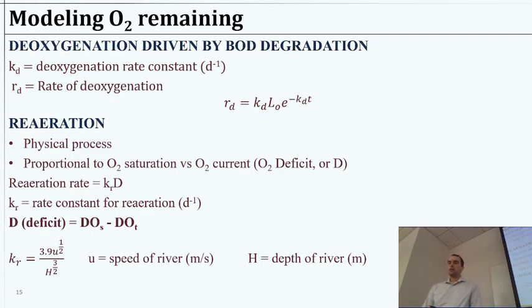Now, we can have an overall rate of deoxygenation, RD, and that's going to be essentially this form here. So RD is equal to KD times L naught times e to the minus KD t. That's the rate equation our book provides describing the rate of deoxygenation.